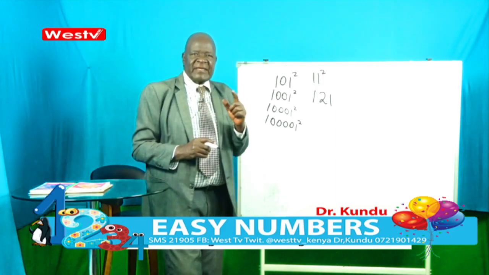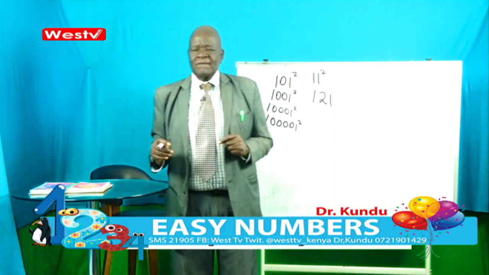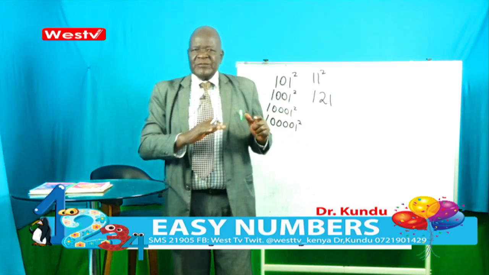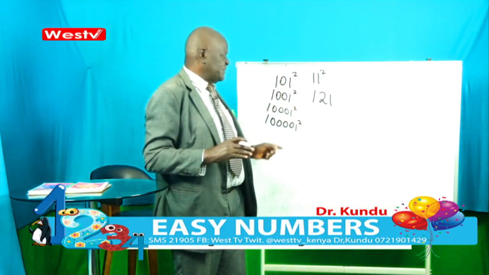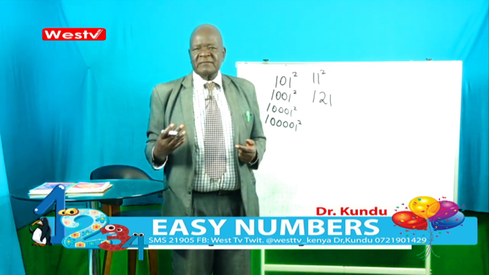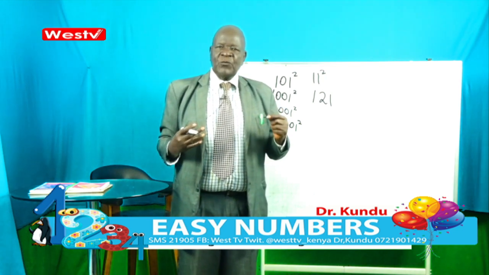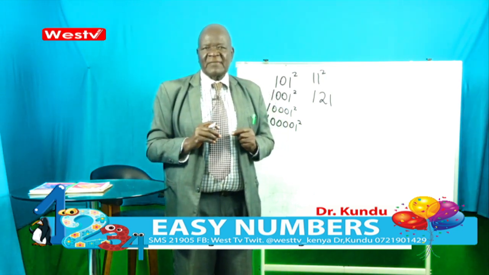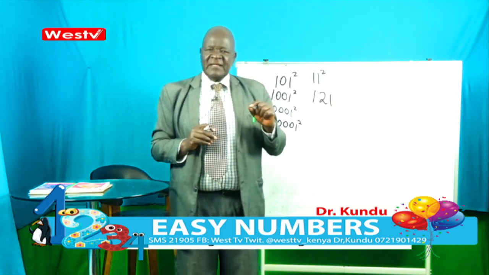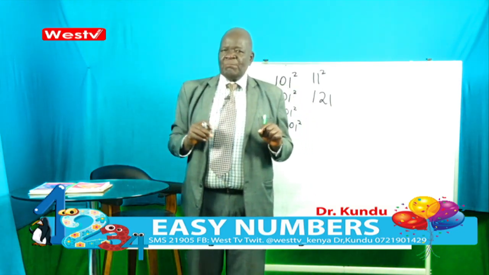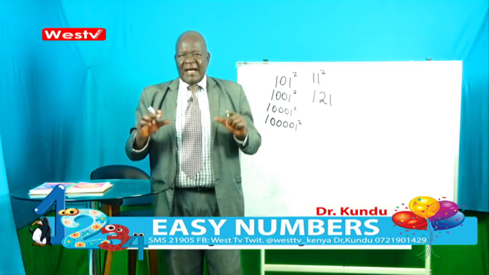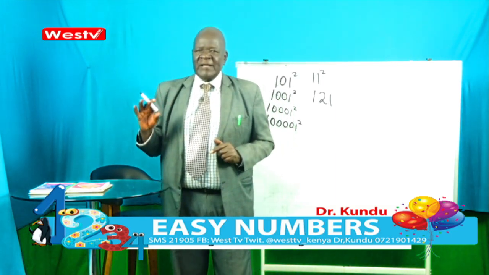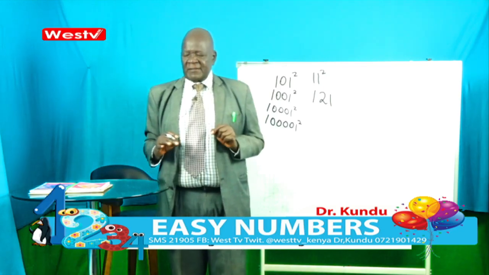This is the trick. Assume there are no zeros in the center and remain with 11 and square 11. Then you get 121. After that, sandwich the 2 in the center by as many zeros as the number of zeros in the 101 you are dealing with.